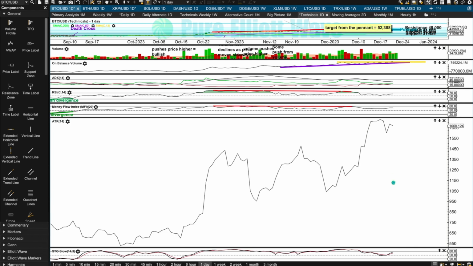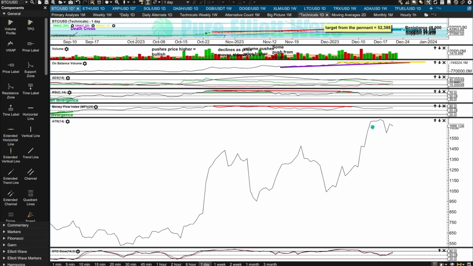And finally, ATR, or average true range, as a measure of volatility, shows it's been increasing, which means volatility is returning to the market. This is extremely bullish for Bitcoin. It's really important to go back and look at how ATR behaves with your market. For example, with the S&P 500, ATR will generally decline in a bullish run and increase strongly in a bearish movement.